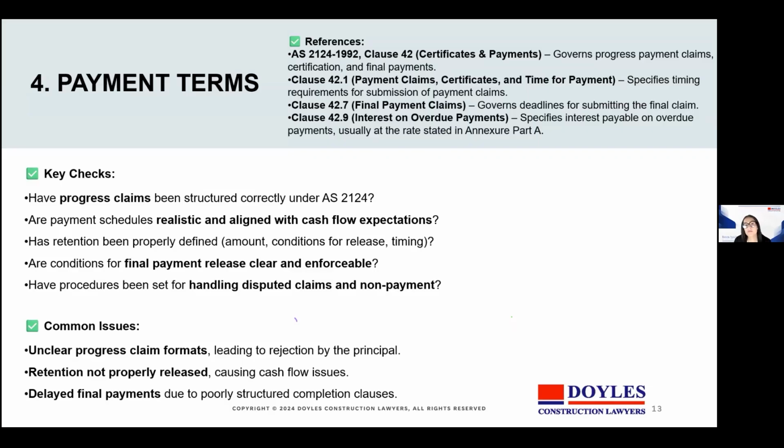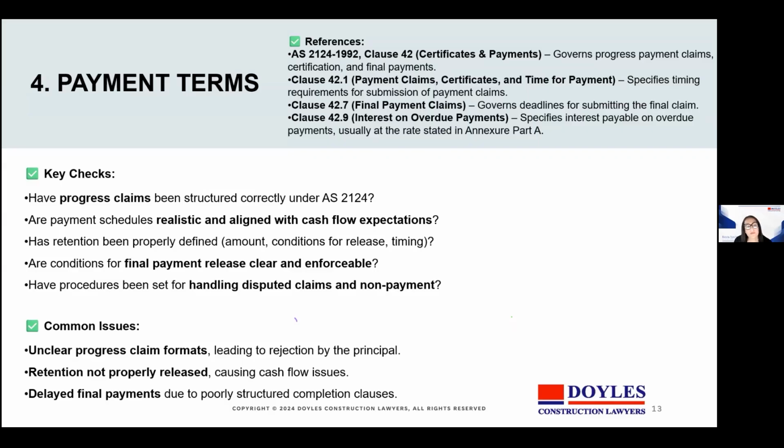It's not uncommon for principals to write in provisions with respect to payment schedules that impact a head contractor's cash flow. And so it's important to get those right.